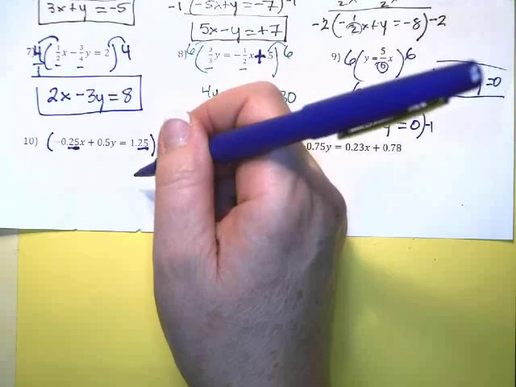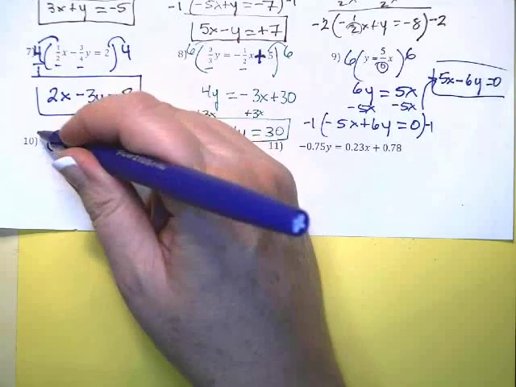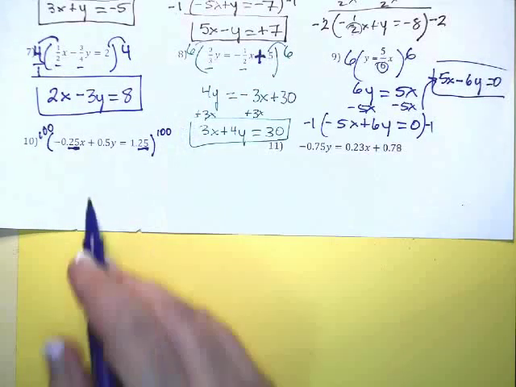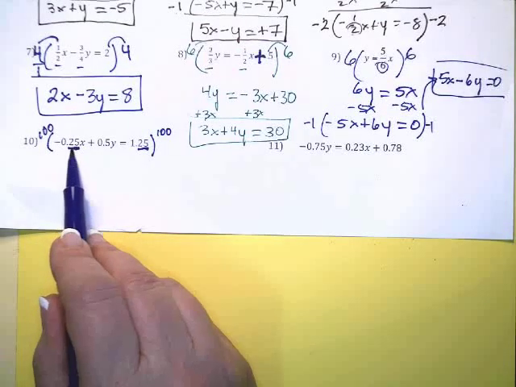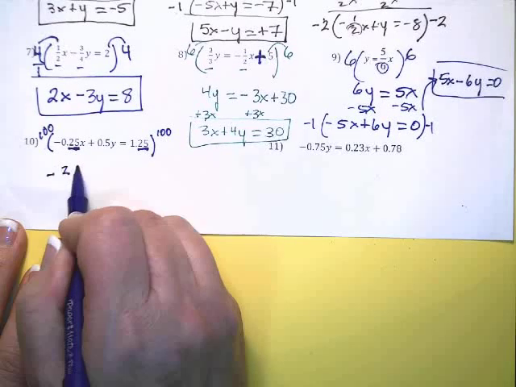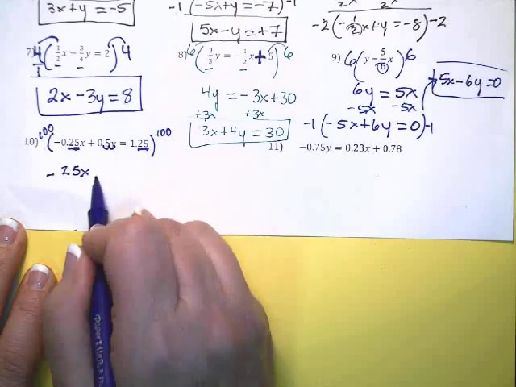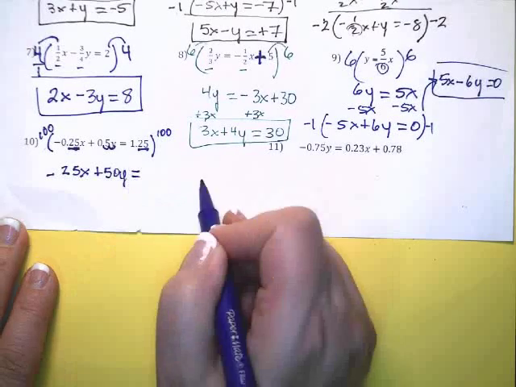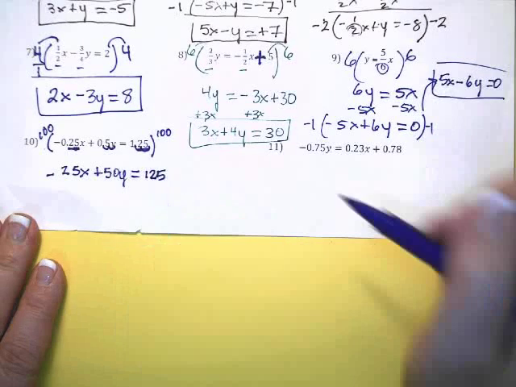So let's go ahead and put parentheses around this equation times by 100. So multiplying by 100 will move the decimal 2 places to the right. So this becomes negative 25x. 2 places to the right becomes plus 50y is equal to 125.